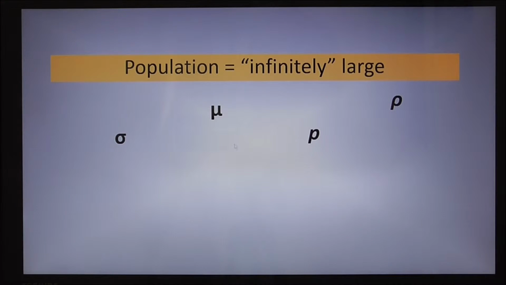So sigma, for instance, is the population standard deviation. Mu is the population mean. P is the population proportion. And rho is the population correlation coefficient. And like I say, all four of these will be talked about in this class.